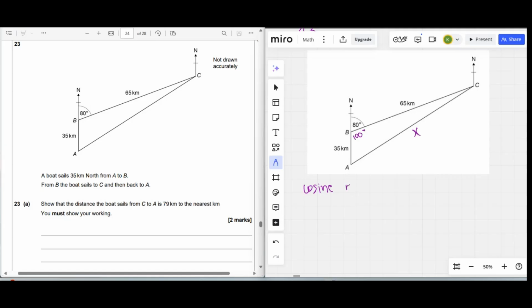Cosine rule. The cosine rule says that x squared should be one side squared plus another side squared minus 2 times one side times the second side times the cosine of the angle between them.